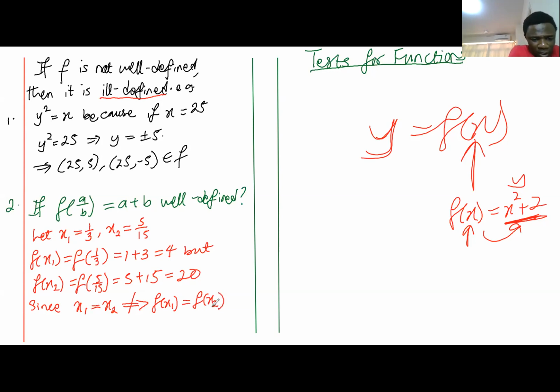Or I could say, since x1 equals x2, but f of x1 is not equal to f of x2, then what happens? Then f is ill-defined.